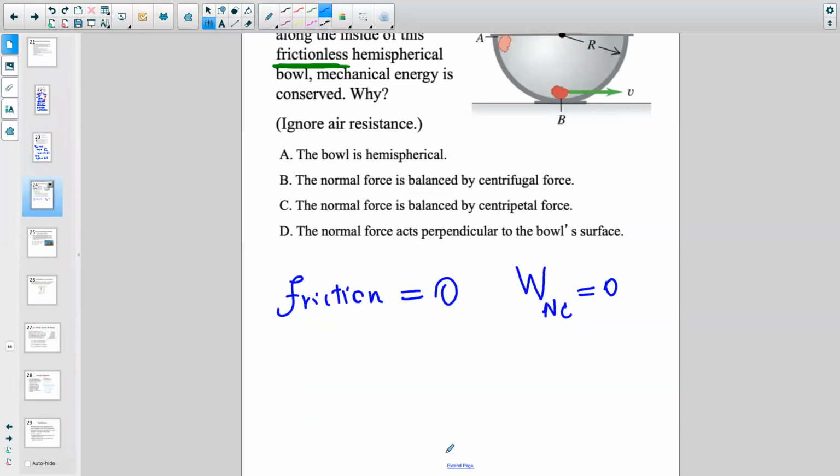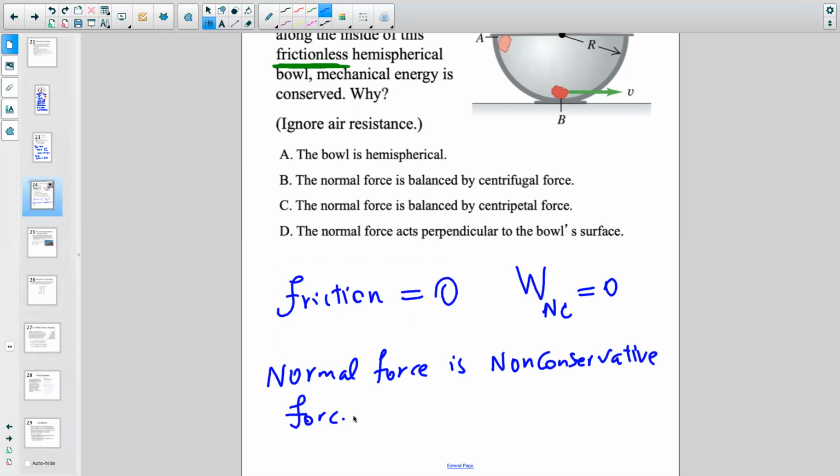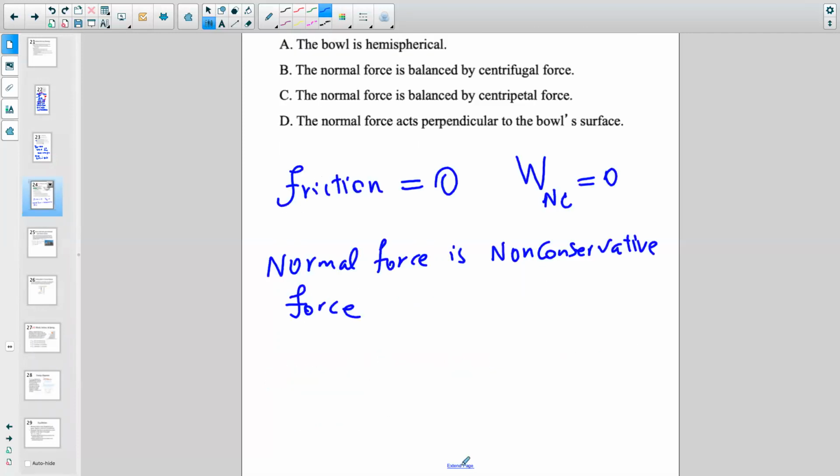So the normal force is a non-conservative force, but it is always perpendicular, or at an angle of 90 degrees, with respect to displacement.